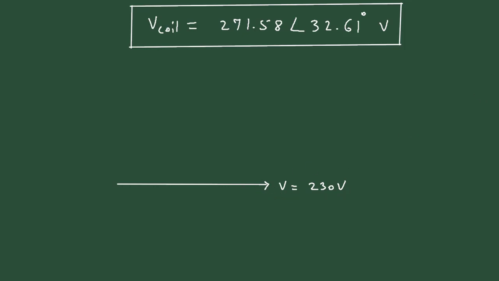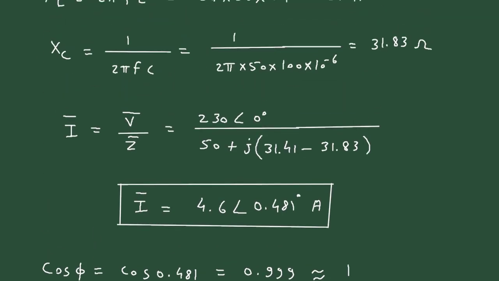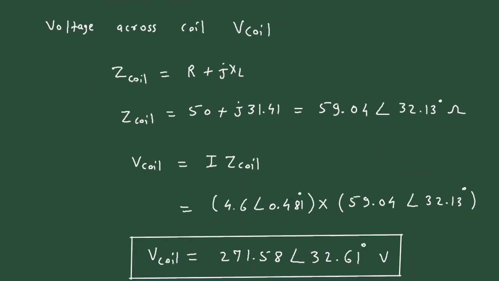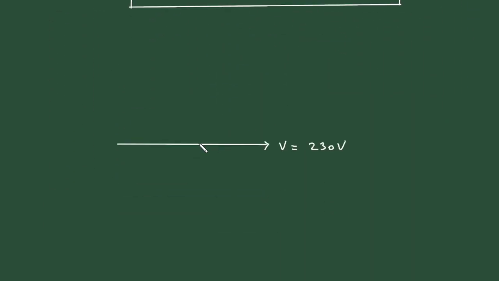Then the value of current is 4.6 at an angle 0.481. So the value of current will be like this. This is current I, which will be smaller.